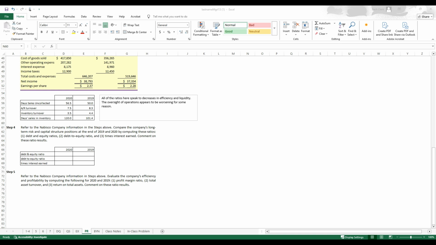Okay, so we want to figure out essentially how the changes have happened in our, like we were talking about, debt and liabilities, etc., and see how those are impacting overall.